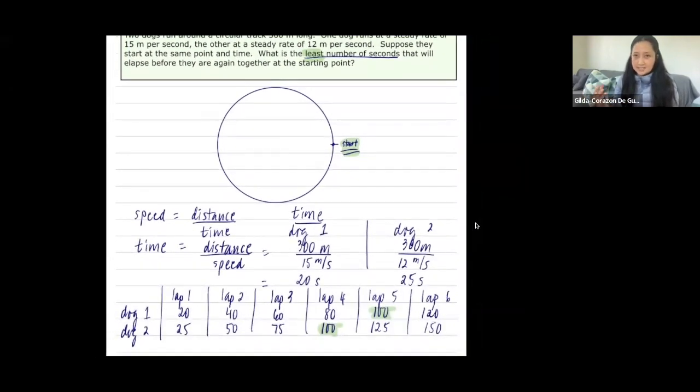This works as an application of your LCM, that your Year 7 teacher might be talking to you about, your least common multiple. Some would call it lowest common multiple. And you would find that the lowest common multiple of 20 and 25 would be 100.